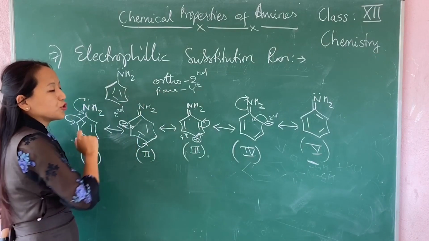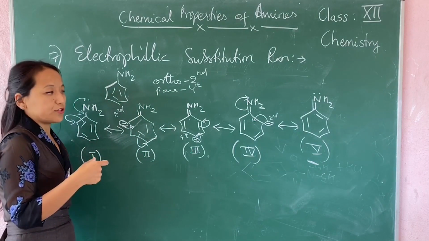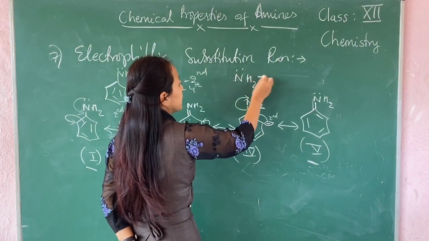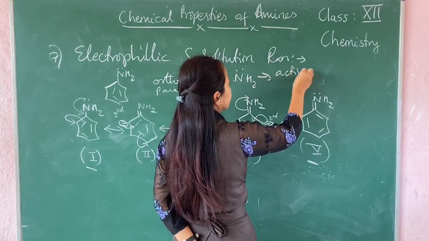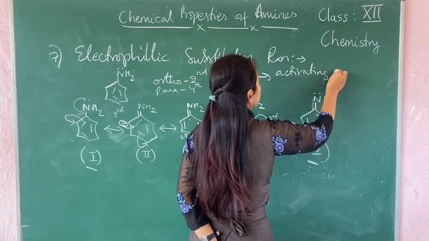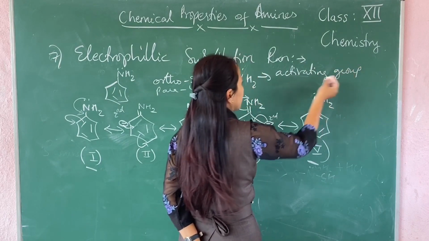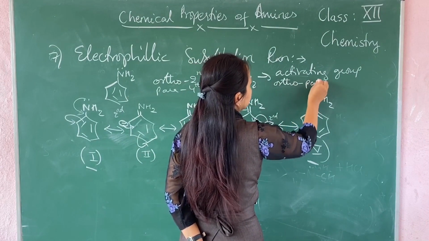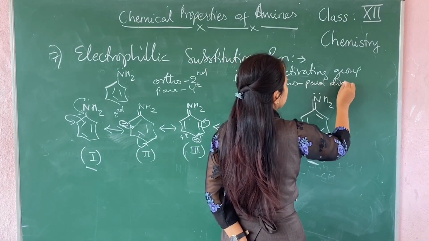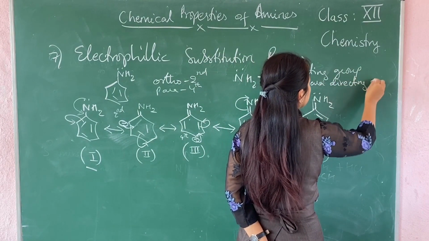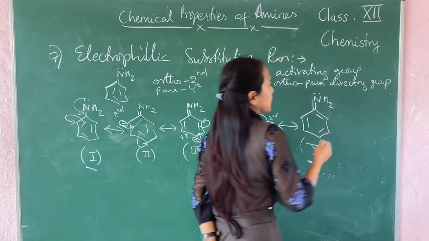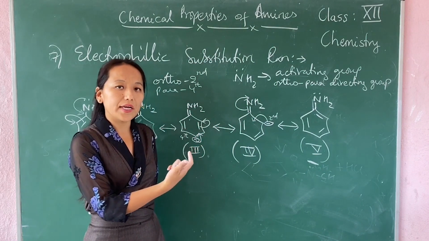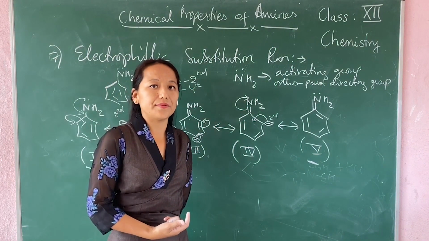Ortho and para positions are attacked by the electrophile, due to which NH2 is also called an activating group, or an ortho-para directing group, because NH2 directs the incoming electrophile either at the second carbon atom or at the fourth carbon atom.